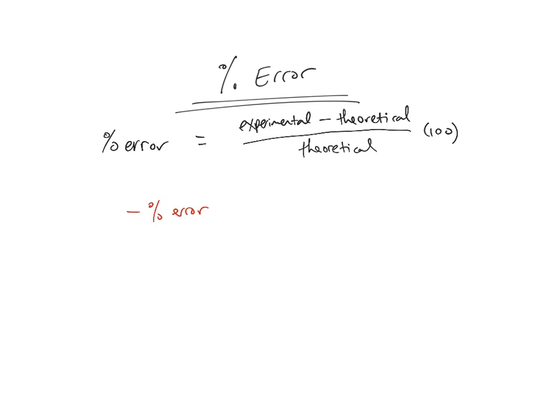So that negative would mean that experimental is smaller than theoretical. And if we have a positive percent error, then that would mean that the experimental is greater than the theoretical. And I think that is useful information.